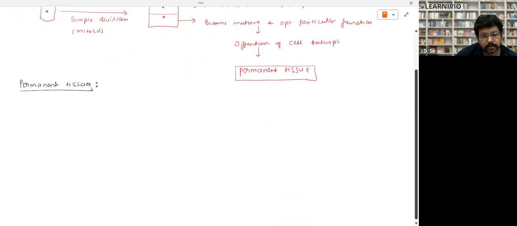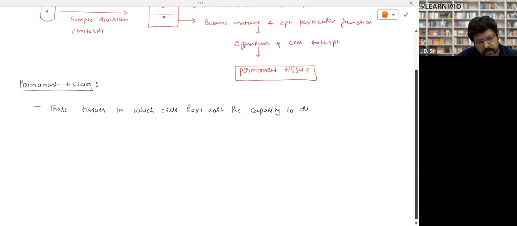That we need to note down. They are those tissues in which cells have lost the capacity to divide and have attained permanent shape, size, and function.